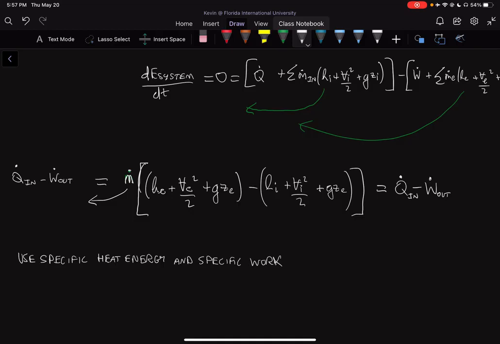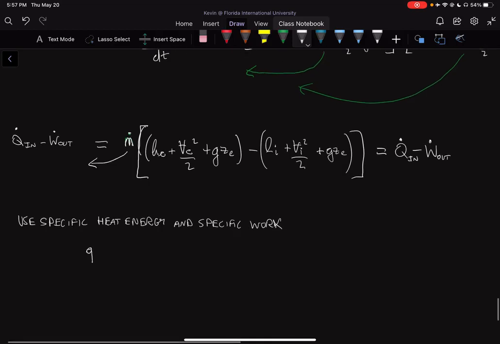Okay, so we remember that q is equal to Q over m, which is also equal to Q dot over m dot. And specific work is equal to work over m, which is also equal to work dot over m dot.